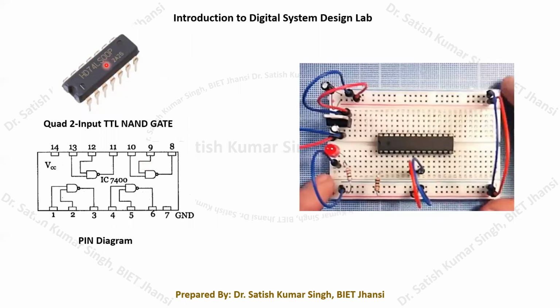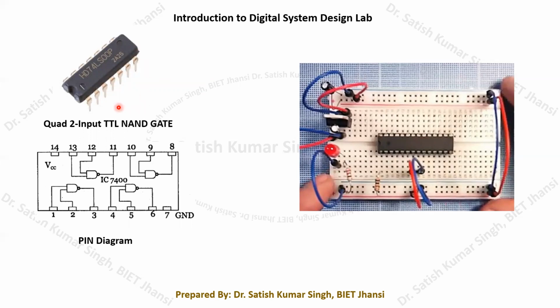Now we have another two digits following this LS, which is 00. This 00 means that it is a NAND gate. I will give you all these numbers. So 00 actually reflects that it is a NAND gate. One very important thing is that in this particular NAND gate IC, there are a certain number of pins available on the outside of the IC.